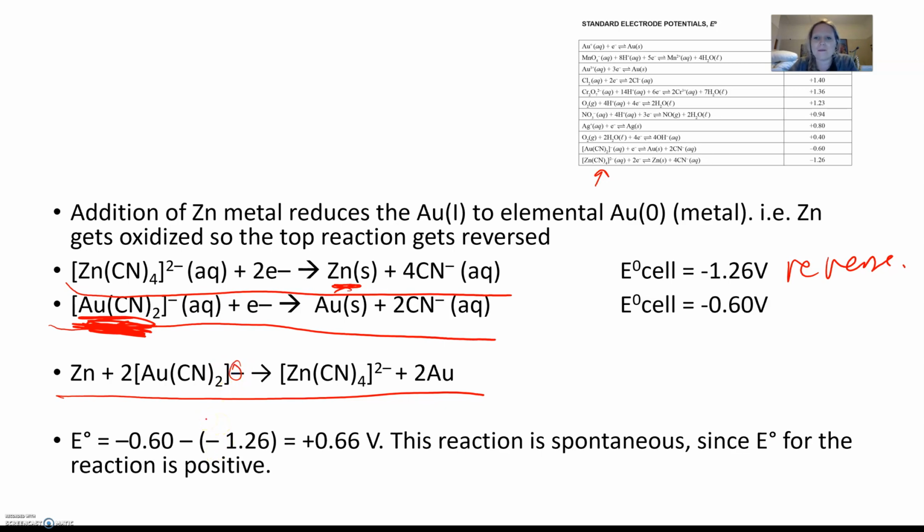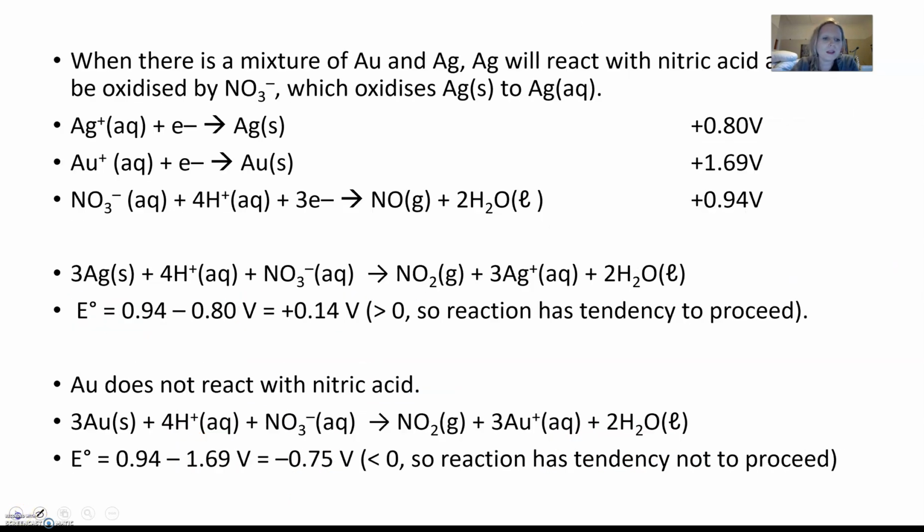So I'll go back at some point and fix those on your notes, but I'm sure you guys can cope with that. So your zinc's getting oxidized here, okay, and your Au's getting reduced so that you end up getting your pure gold, which can be recovered. When you do your cell potential, reduction minus oxidation, you get a positive value, which means the reaction is spontaneous. So this will occur, and this is how they do it, which is pretty cool.